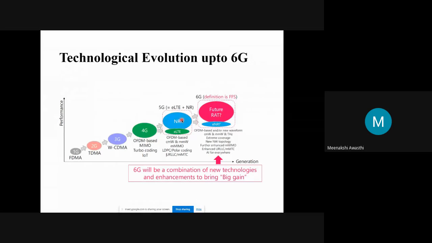Terahertz will be used, extreme coverage, new network topologies, further enhanced massive MIMO, enhanced URLLC, MTC, AI everywhere. So 6G will be a combination of new technologies and enhancements to bring big gain. You can see the performance evolution from first generation to sixth generation.